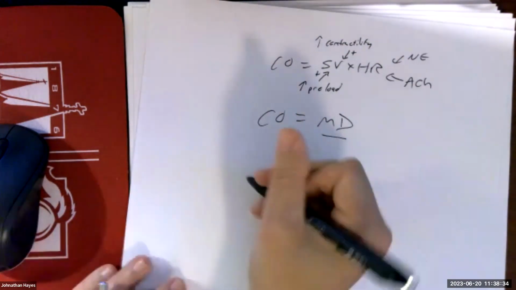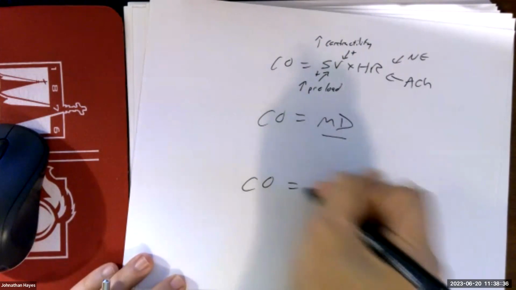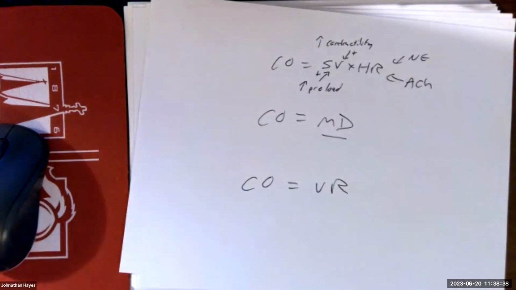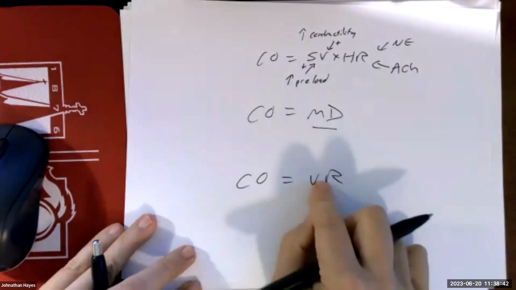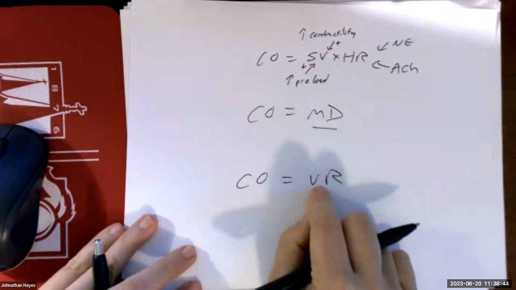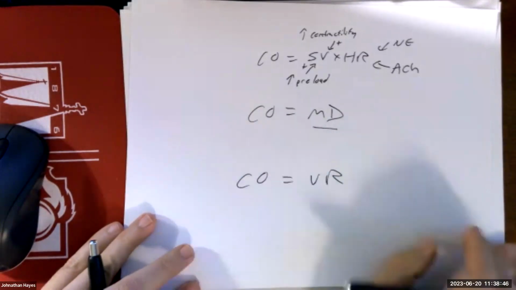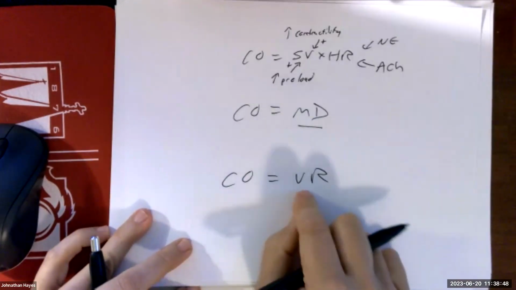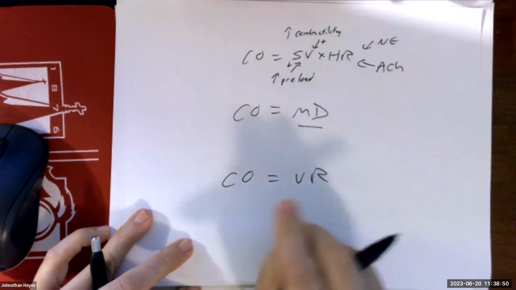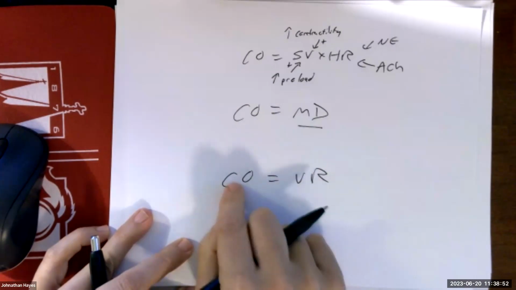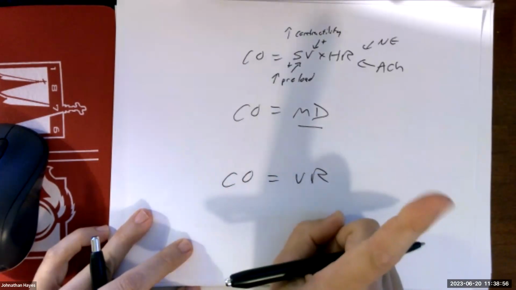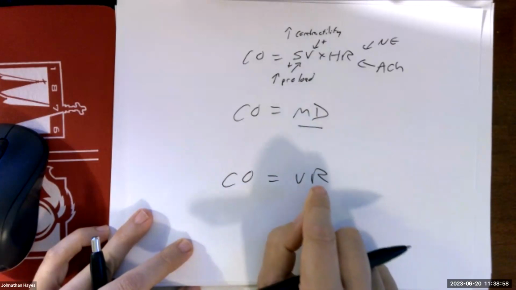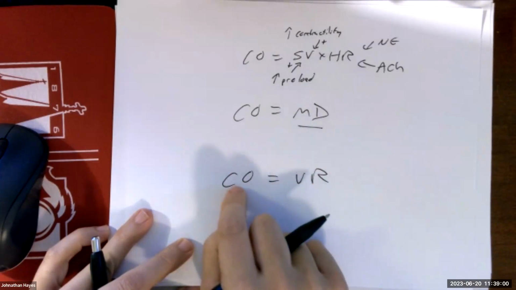Which leads us into another formula: cardiac output equals venous return, okay? So this one ends up being a very applicable description of cardiac output, where at first it seems like it's a limiting factor. Basically what this says is I can't push out any more than I receive. But at the same time, if I receive more, I can push out more.